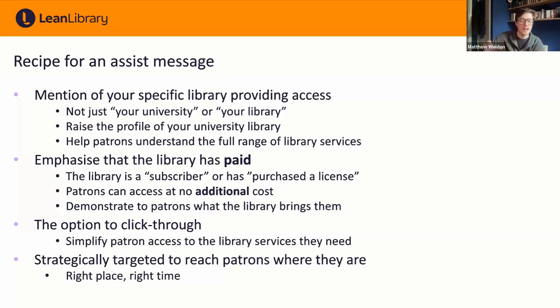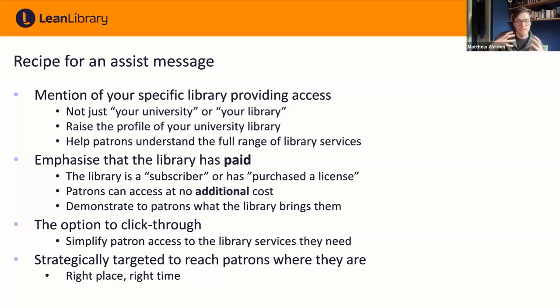And what we noticed is that the most successful ones, by and large, make mention of the specific library. So they weren't just saying, you have access to this resource. They were saying, the University of Make Believe Library has provided you with access to this resource. That's really important because one of the core benefits of Lean Library is that it is raising the profile of your library and the services that your library provides to your patrons.